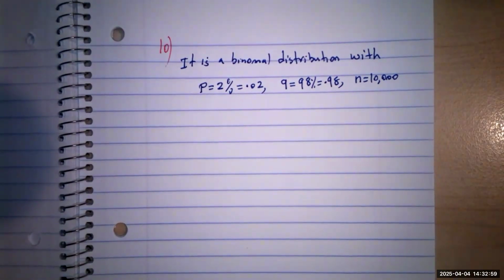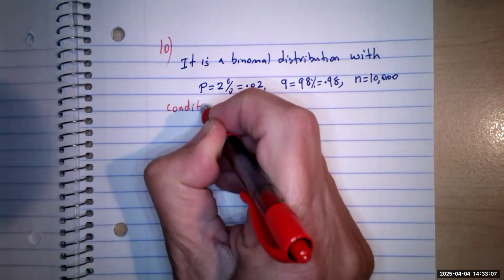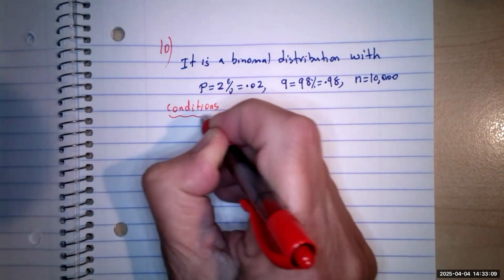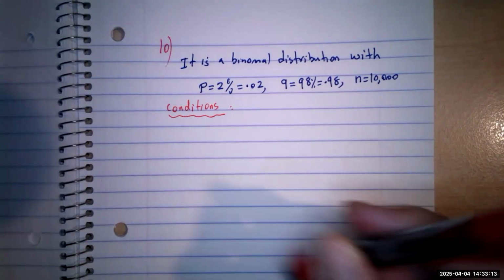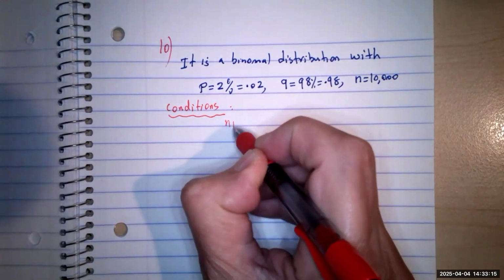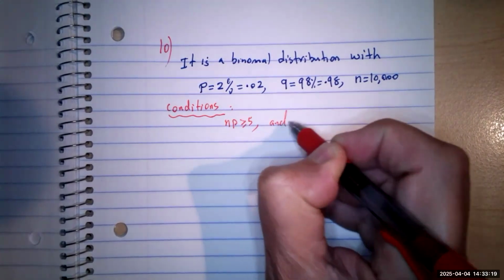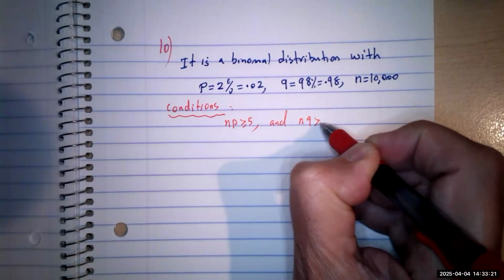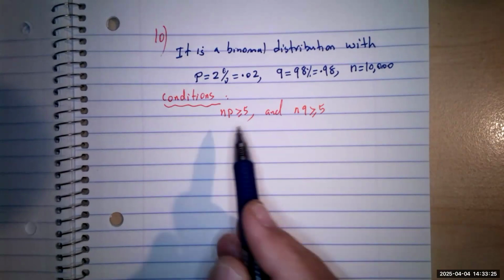So what you have to do, you have to check the condition first to show that you can do it. Conditions, and you have to write it down on the test. You have to show that n times p is greater than or equal to 5, and n times q is also greater than or equal to 5. We check.